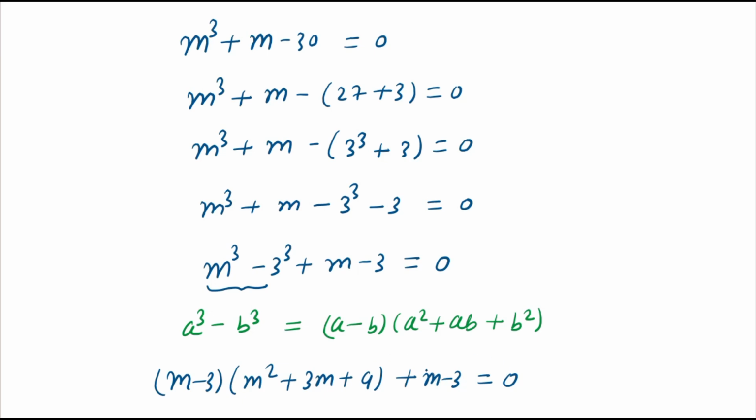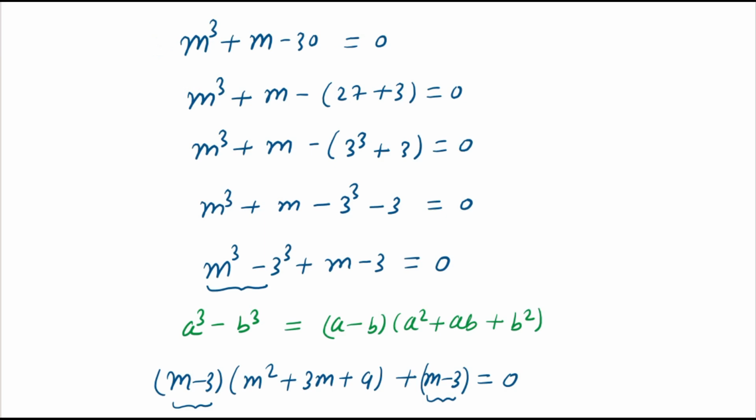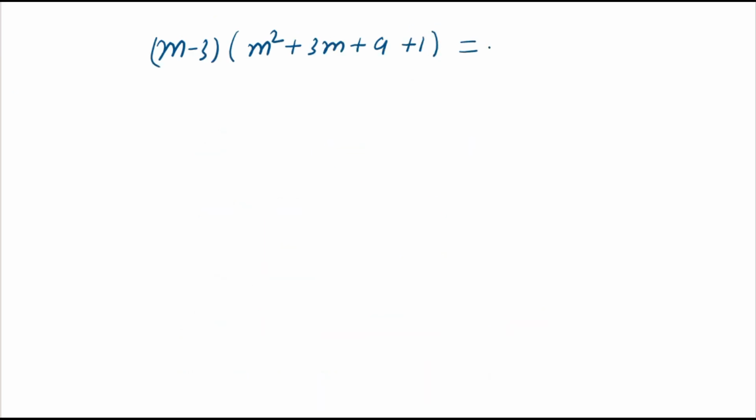On the left hand side, m - 3 is common. If we take m - 3 common, then you will get (m - 3)(m^2 + 3m + 9 + 1) = 0.